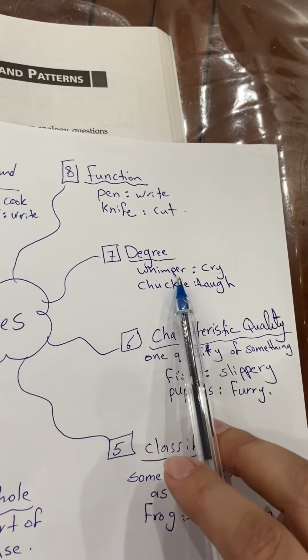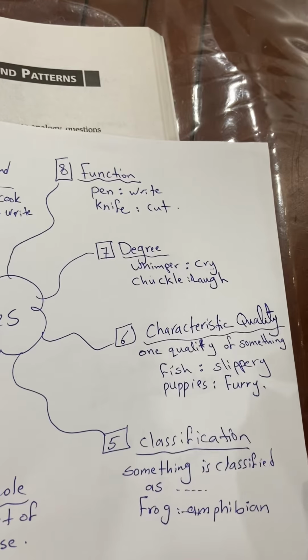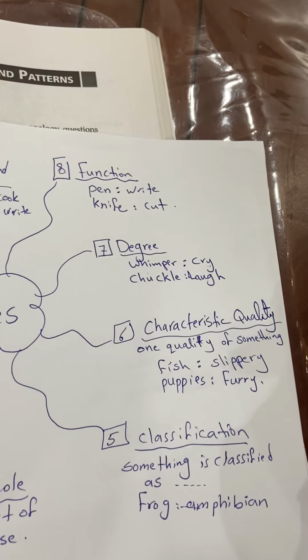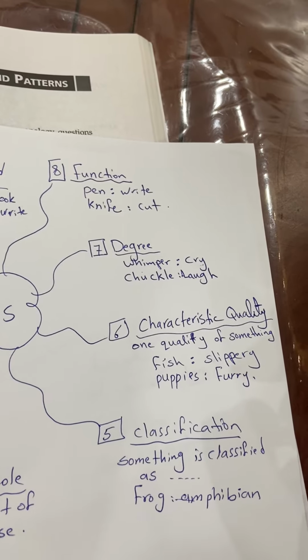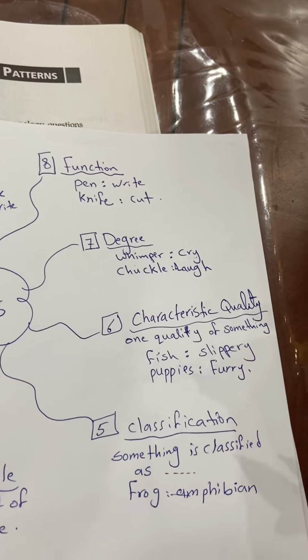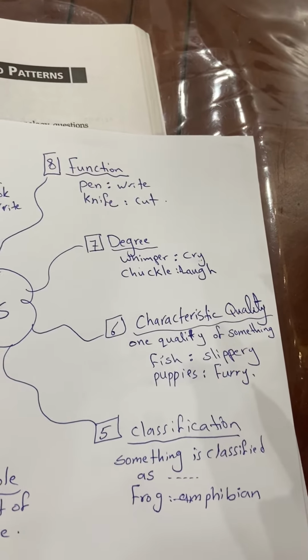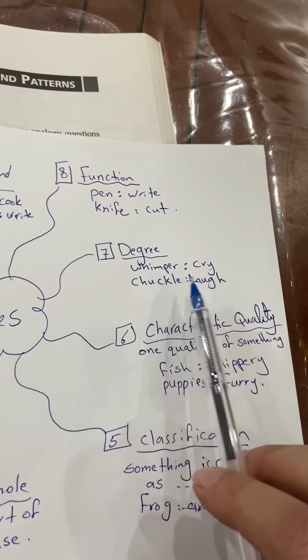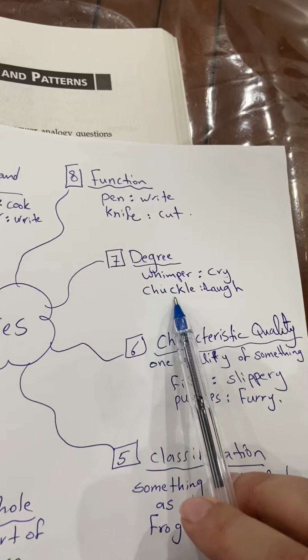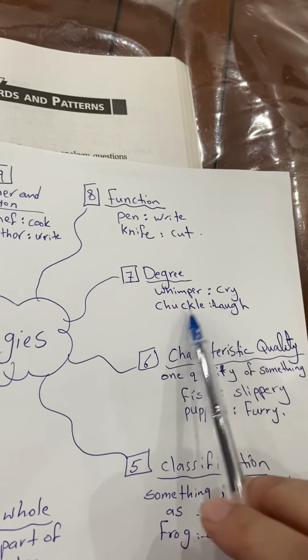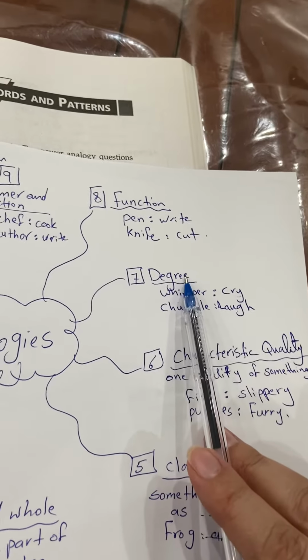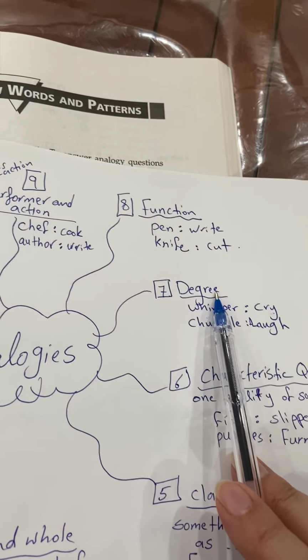So whimper is a little of cry, a degree of cry. Like also chuckle and laugh, it is also a degree of laugh. So these two words have an analogy relationship between them, which is degree.